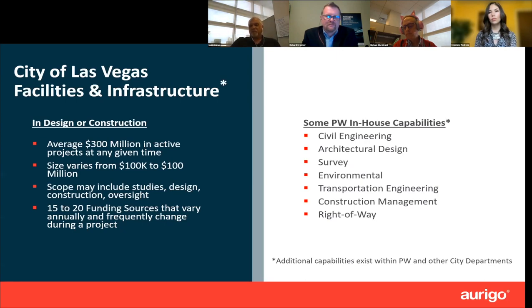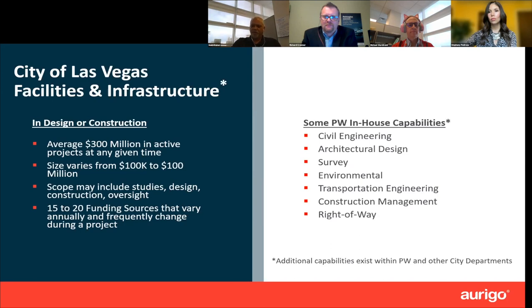And just to make things more fun, we have 15 to 20 common funding sources, and most of them have sub-sources. Some might have 8 sub-sources. Of course, we start off with one set of funding sources, and it will change 4 or 5 times throughout the project.